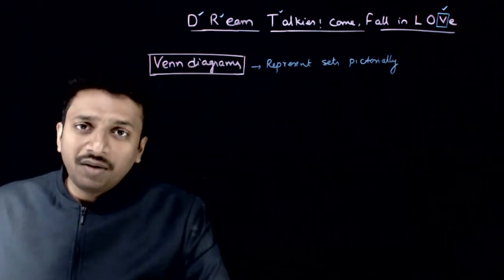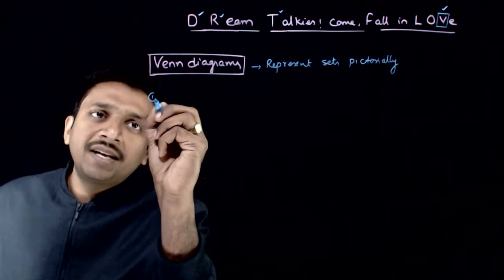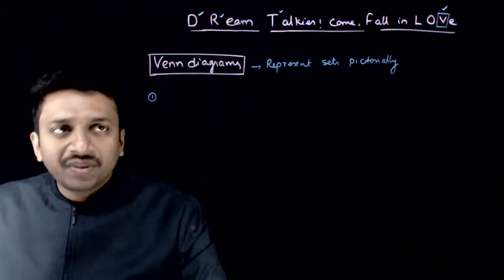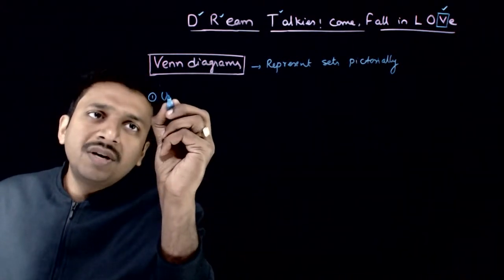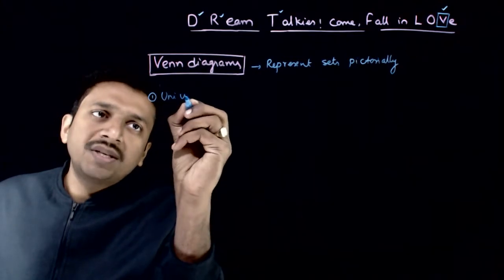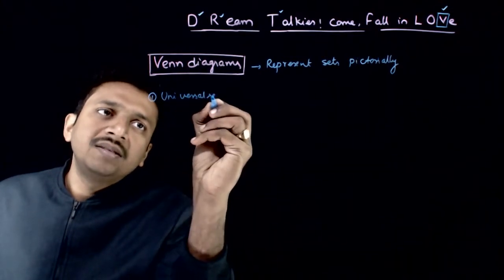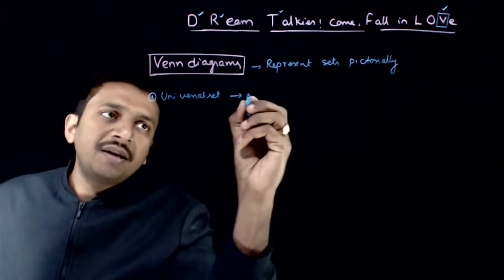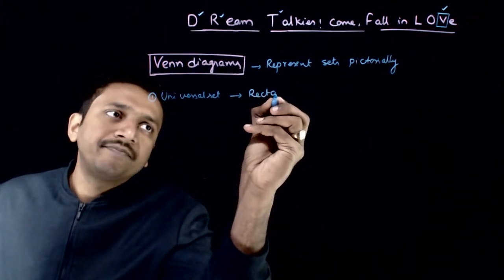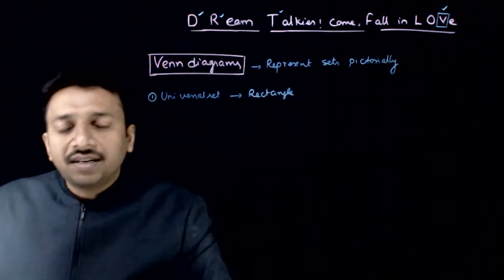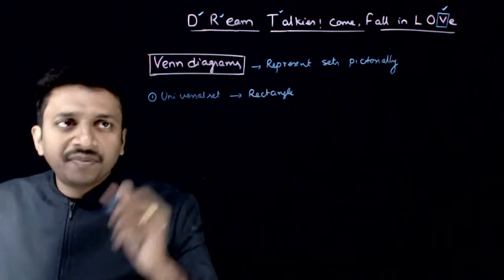So what do we do in Venn diagrams? In Venn diagrams you have only two rules. The universal set is represented by a rectangle.